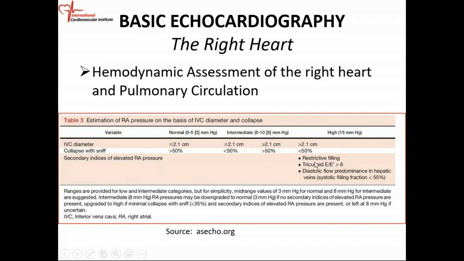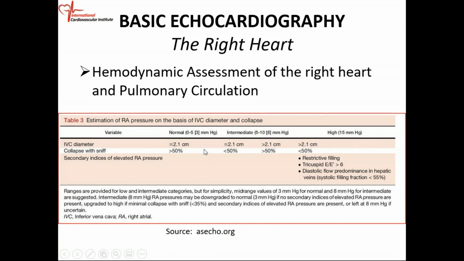If you look at the tricuspid inflow and the lateral tricuspid annular velocity, and the E/e' ratio is greater than 6, and you get diastolic flow predominance in the hepatic vein, then all these things tell you that the right atrial pressure is about 15 millimeters mercury.